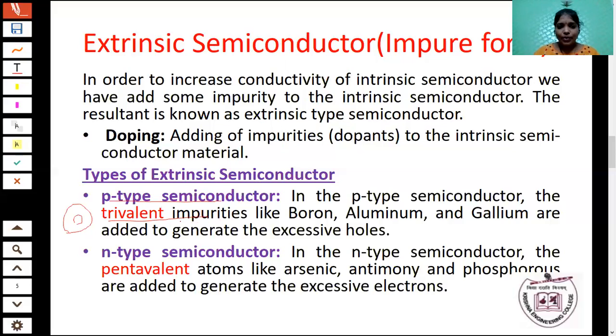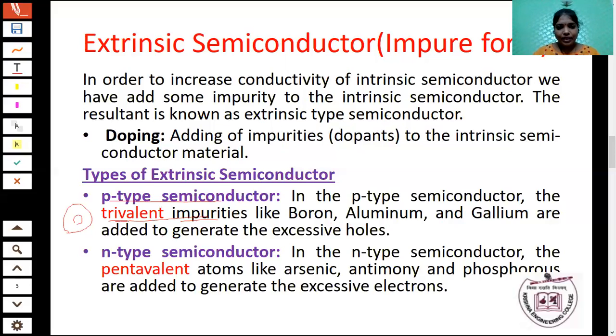The examples for trivalent impurities are boron, aluminum, gallium, etc. We add these materials to the intrinsic semiconductor material.